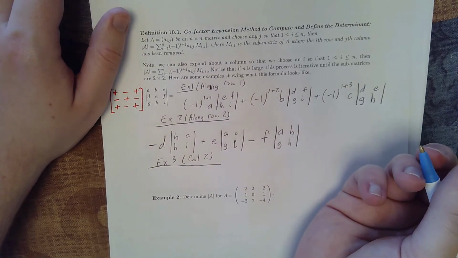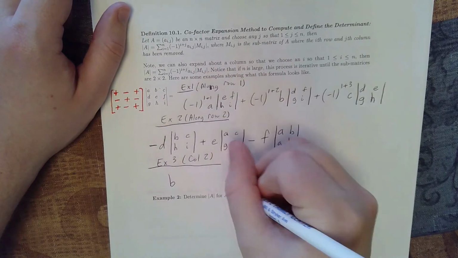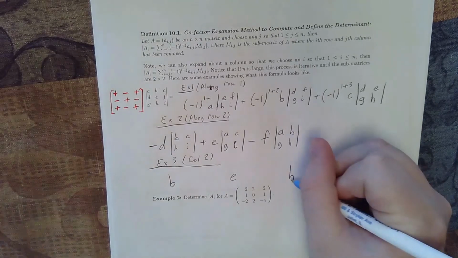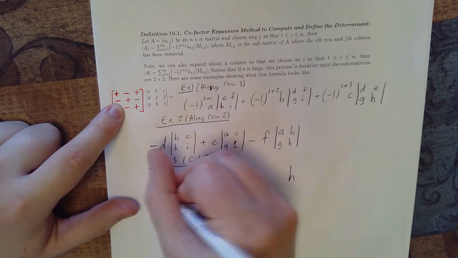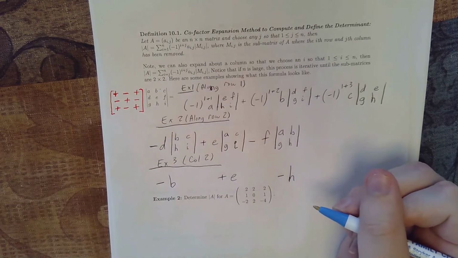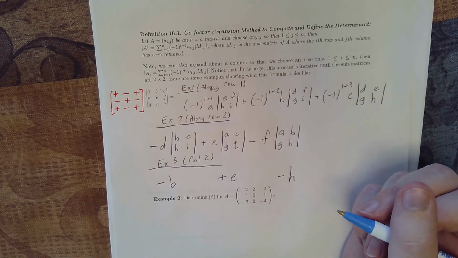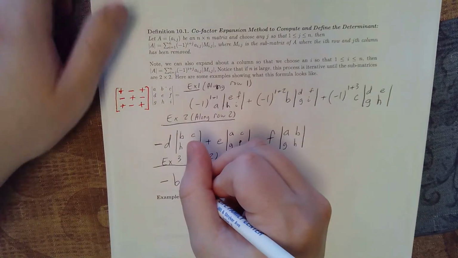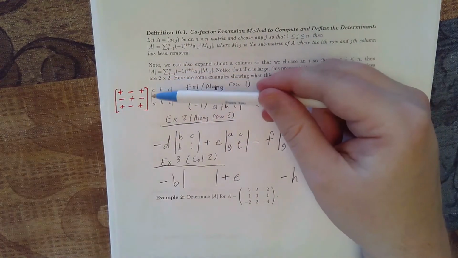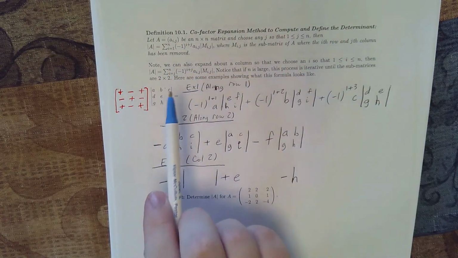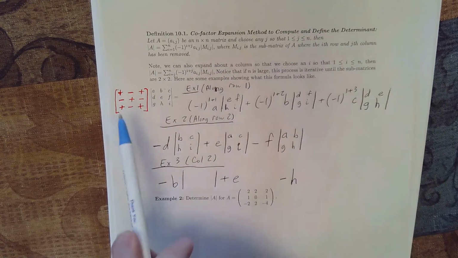So if we go along column 2, we want to go B, E, and H as our coefficients. And for these, the signs, because we're going down that second column, will be negative, positive, negative. And then all that's left to do is to determine what determinants we're multiplying each of these by. So for B, we take out the first row and the second column.